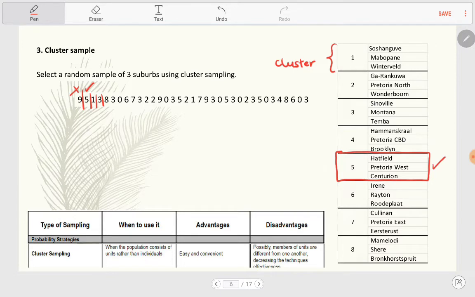Imagine if all of these happen to be in the same region and these ones were much further, then these 3 areas might not represent the whole of Pretoria very well if they're just located in the same area. So that's the disadvantage. Your clusters might not be representative of your population.